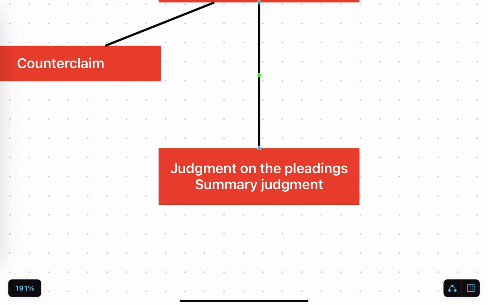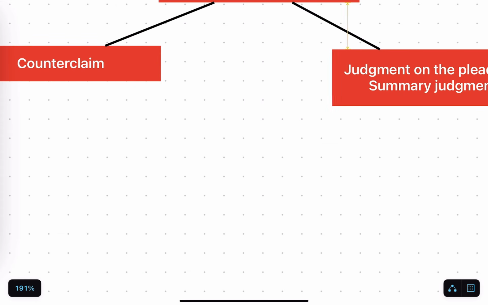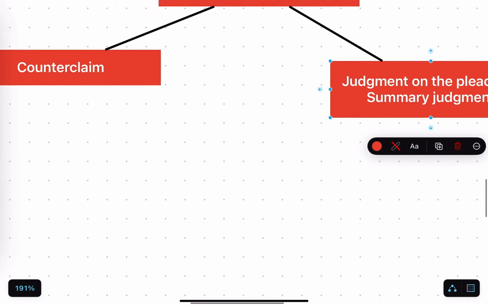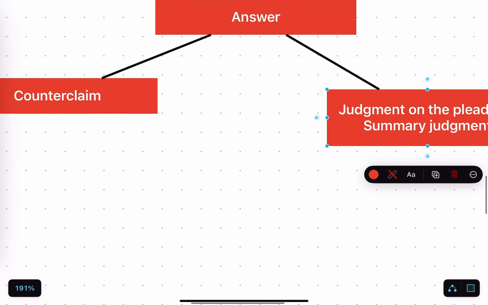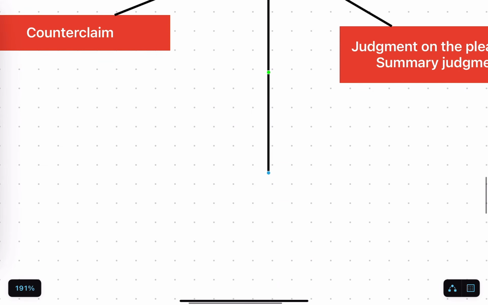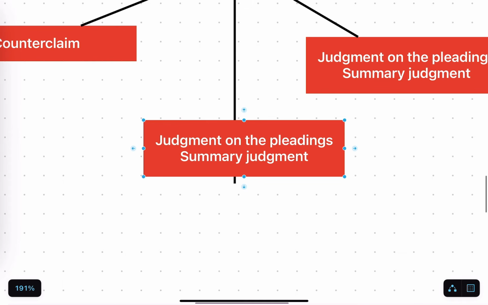Okay? Kung hindi naman ito i-grant ng court, yung either of these two, the court may now proceed with notice of pre-trial. Okay? Pag may genuine issue, in other words, pag may issue na raised and may genuine issue, then there should be pre-trial.